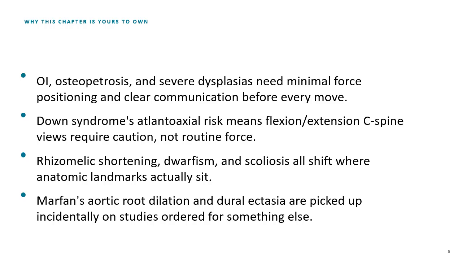When it comes to abnormal body proportions, that also can change some of our locations of landmarks. So centering points and image receptor placement may need to be adjusted rather than simply copying exactly what we do for that standard, normal everyday patient. Last but not least, imaging itself may reveal an important finding that was not the original reason for the exam.